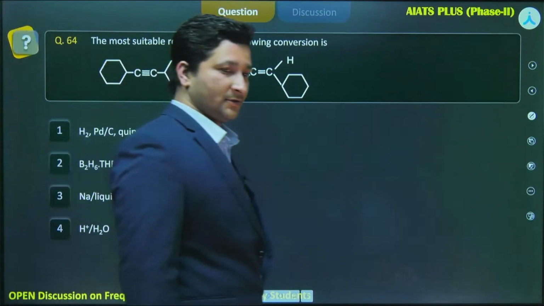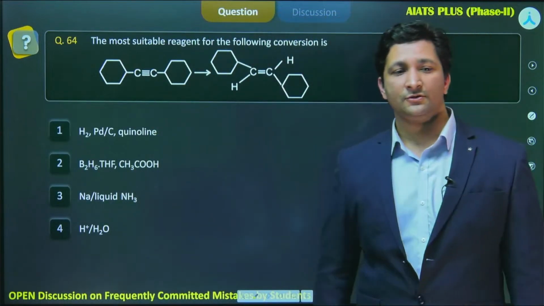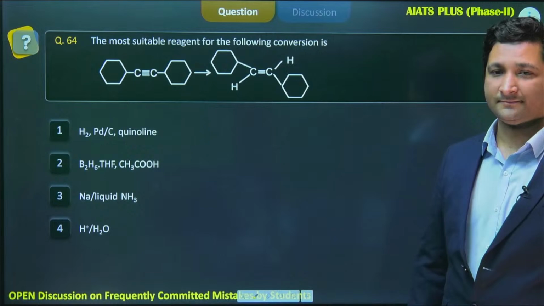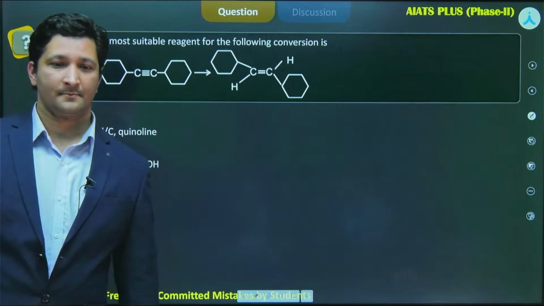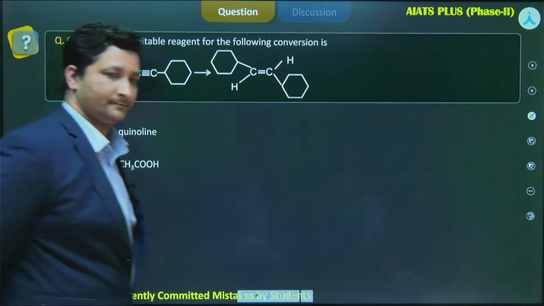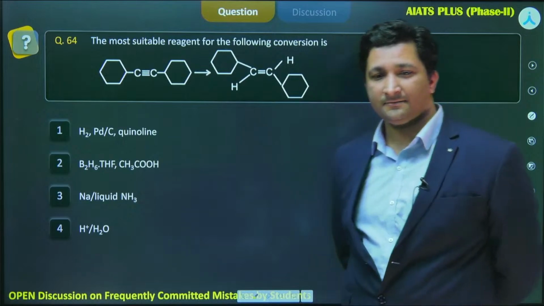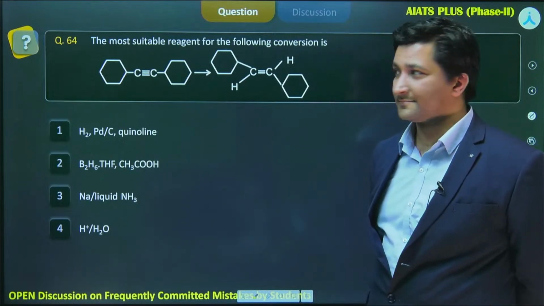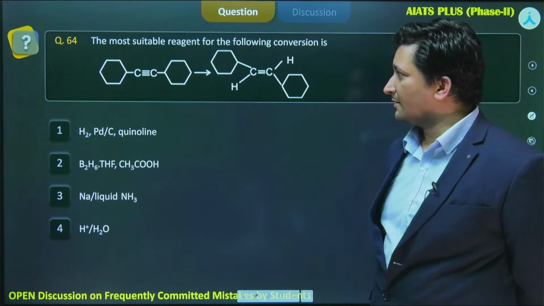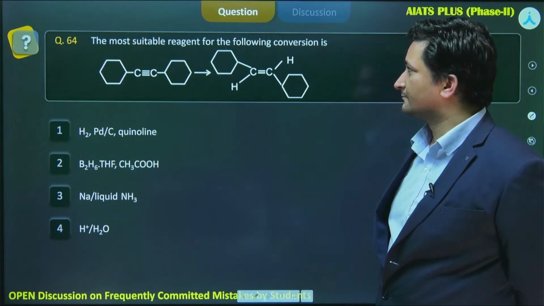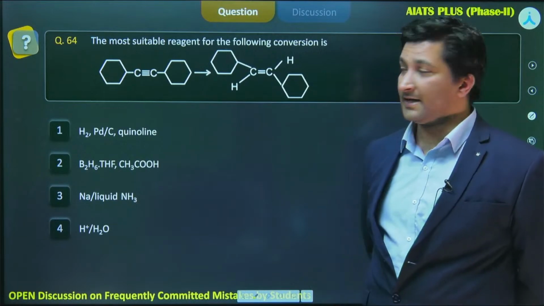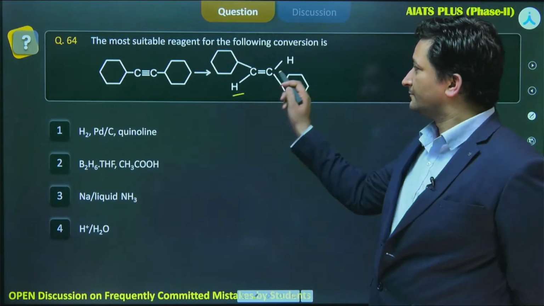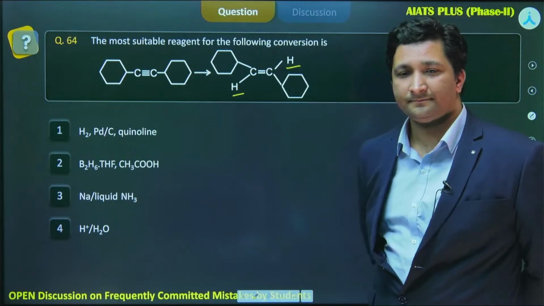Now this is a very interesting question. The most suitable reagent for the following conversion is... What will be the correct answer here? An alkyne is there, and then you have to make a trans alkene.